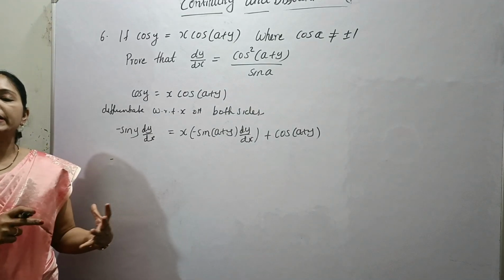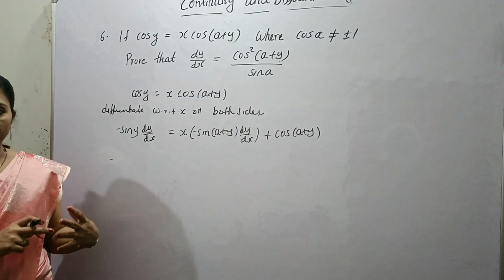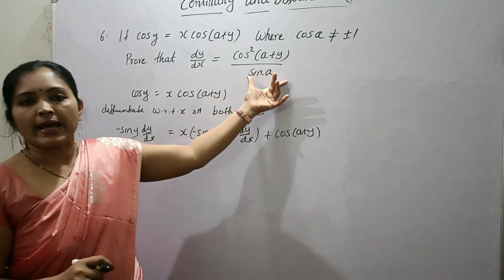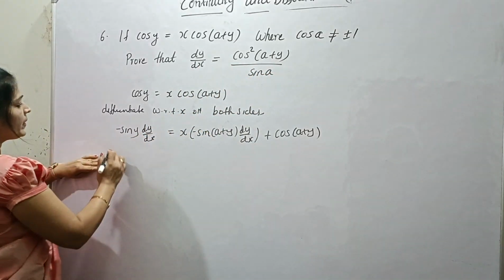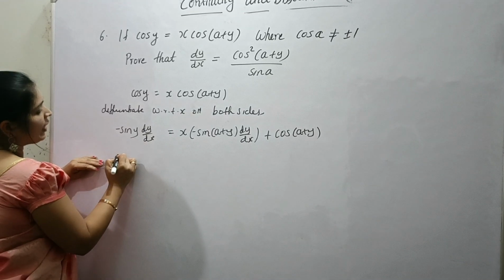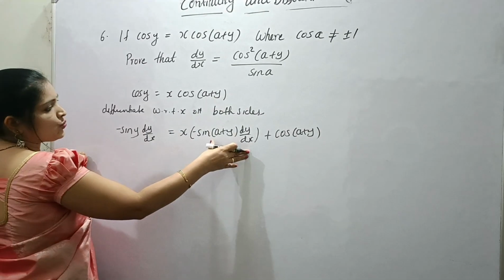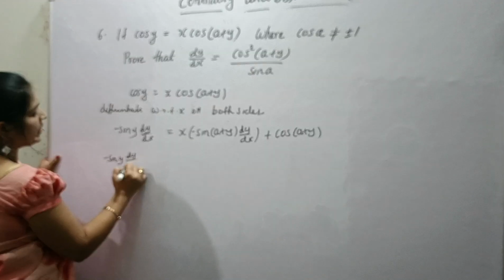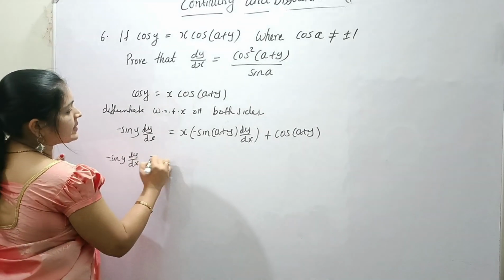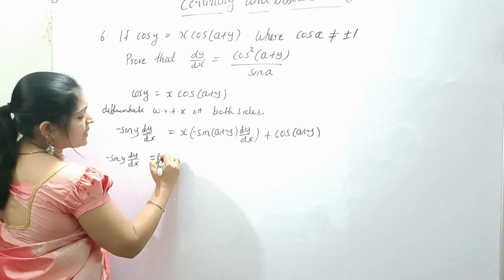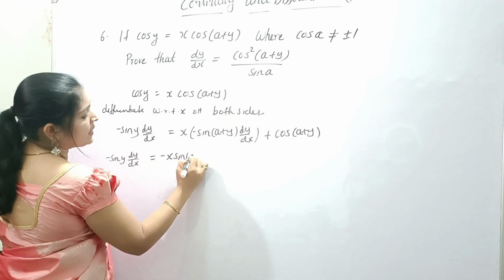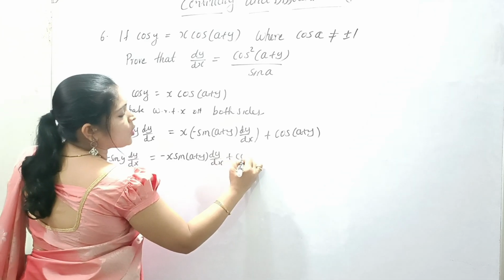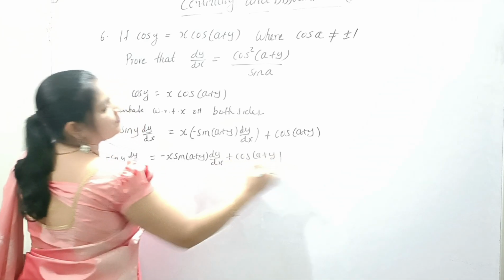After that we will take the dy by dx terms together and solve for dy by dx. So minus sin y dy by dx is equal to minus x sin a plus y dy by dx plus cos of a plus y.